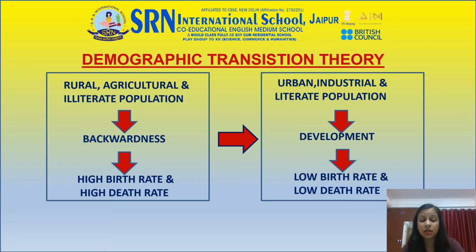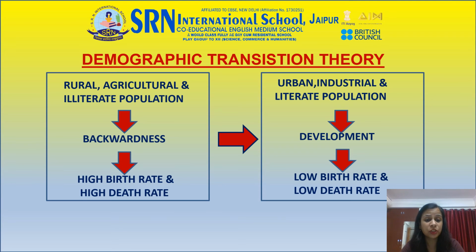They were not literate, meaning the population was illiterate. That is a symbol of backwardness. The people were backward and not aware of the things going on around them. The birth rate as well as the death rate were both high at that time because of the absence of medical facilities. So this was the phase when the population was completely rural, illiterate, dependent on agriculture, backward, and had a high birth rate and death rate.